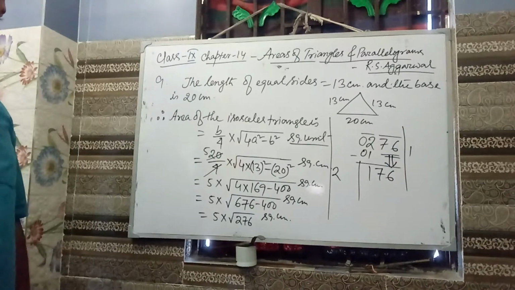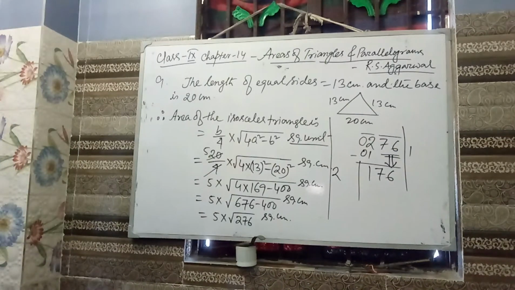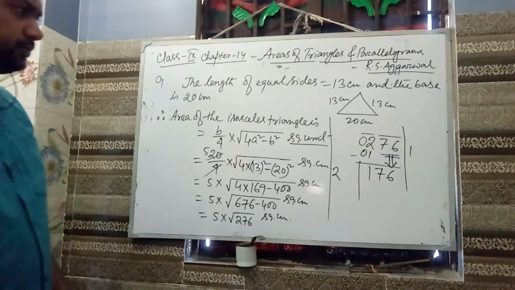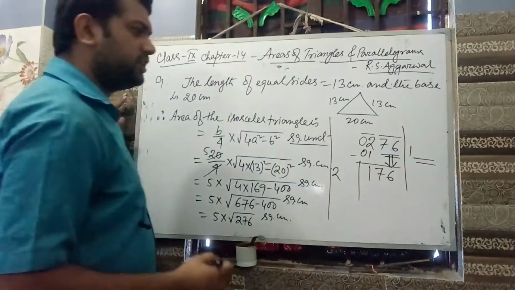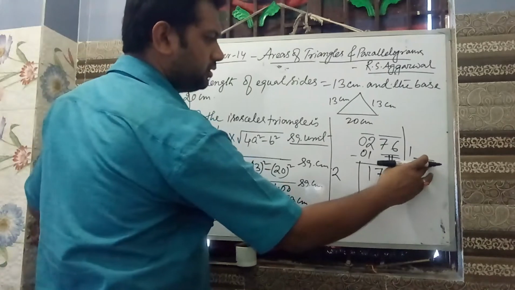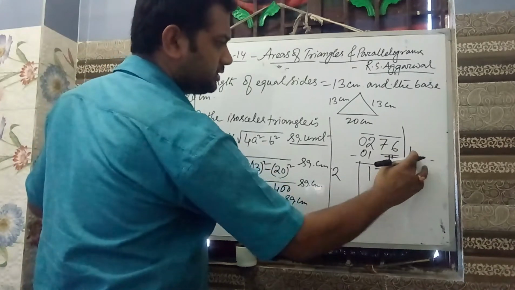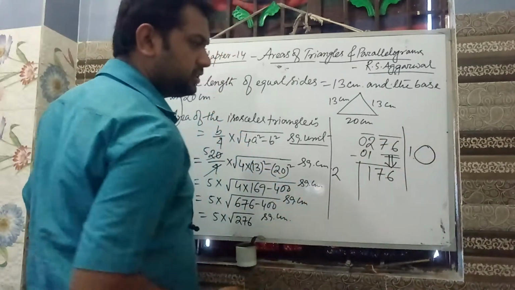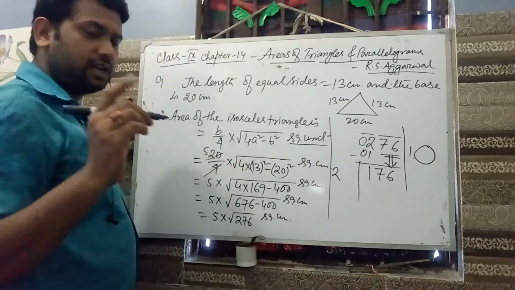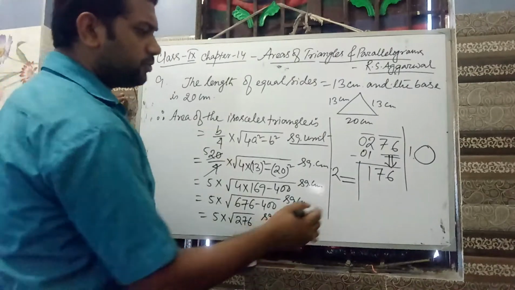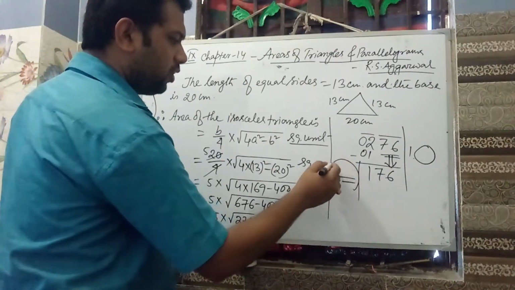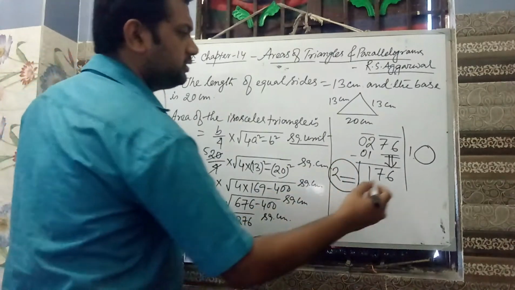Now the next step is very important. Here you have to write down one digit after 1. At this place you have to write down one digit, and you have to write down the same digit at this place. Then you have to multiply this whole number with this digit.